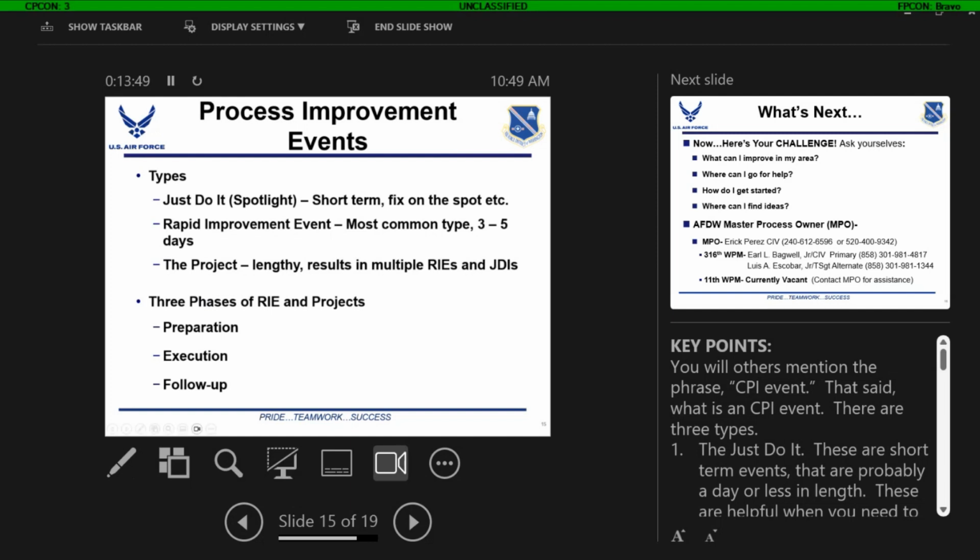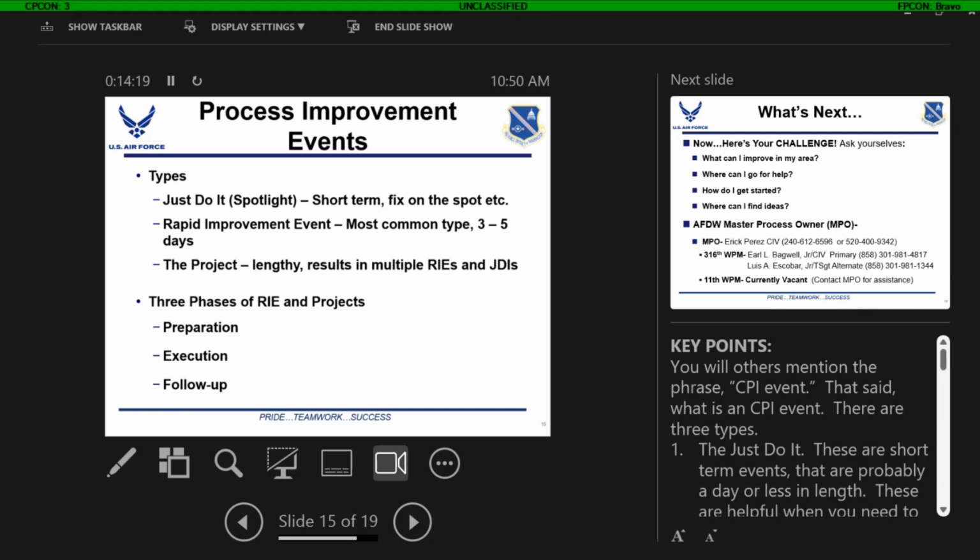As we progress or become more complex, you move into rapid improvement events. You may have heard of these. Most of these are generally about a week long. And then larger events, which typically can last anywhere from weeks to months, and depending on the scope, potentially even years, those are projects.